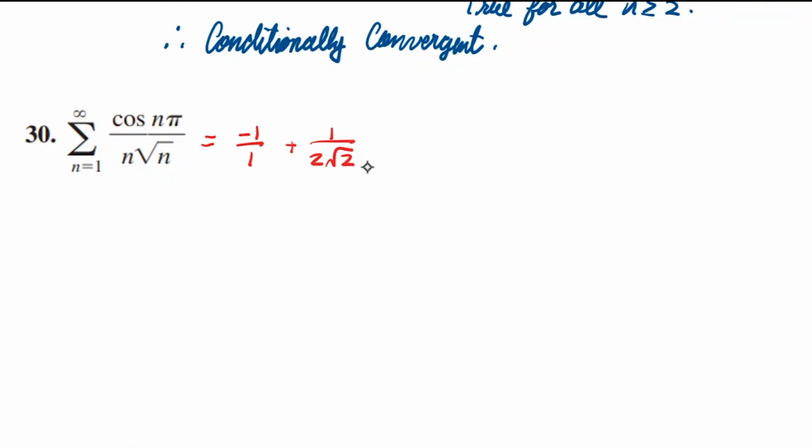Wait a minute, instead of 2√2, should we put 2 to the 3/2 power? Yeah, that sounds like a smarter decision. Okay, when n is equal to 3? -1, right?